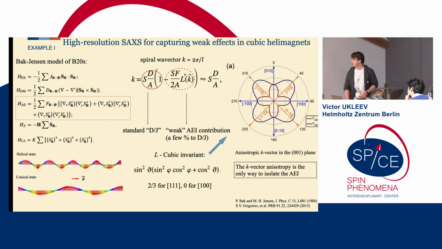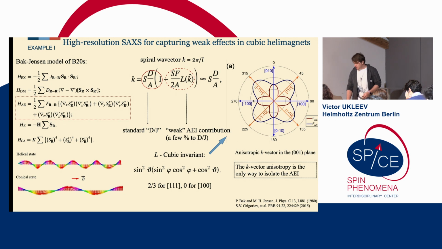But you also have a higher-order correction due to the anisotropic exchange interaction, which is usually considered weak, of the order of a few percent of D over J. But it's actually important for defining the propagation vector of the spiral in your system. For a negative exchange anisotropy constant, the spiral tends to propagate along the 1 1 1 direction, but for a positive one, it propagates along the cube axis.